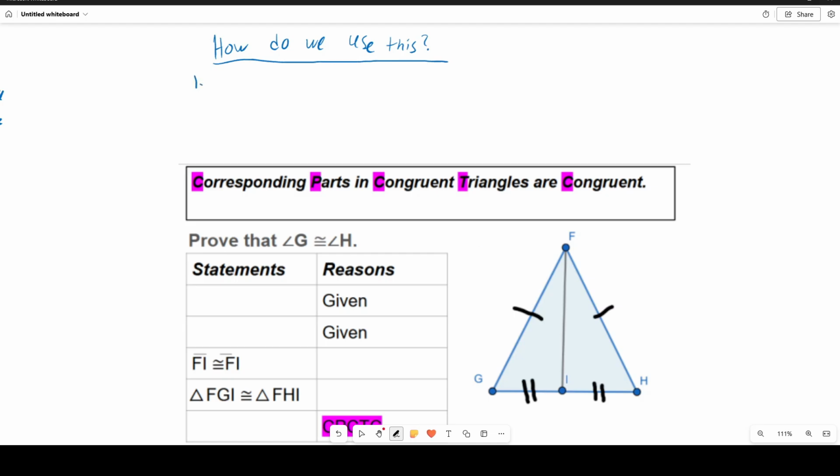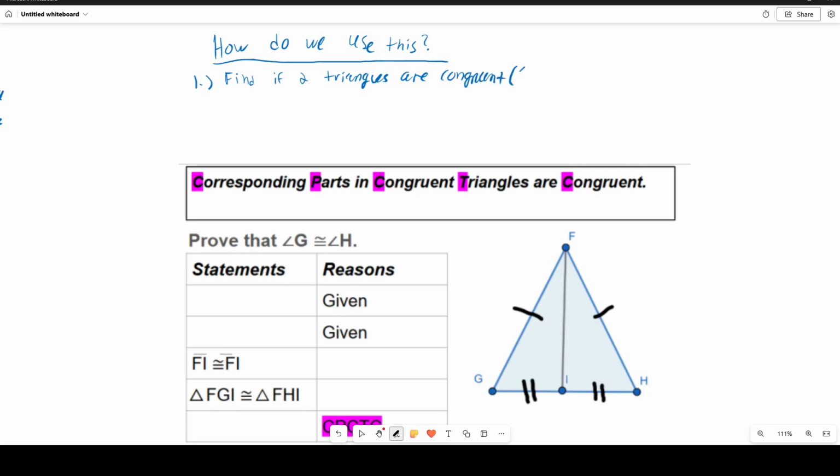Well, step 1 is we're going to find if two triangles actually are congruent. And we do that by our 5 methods.